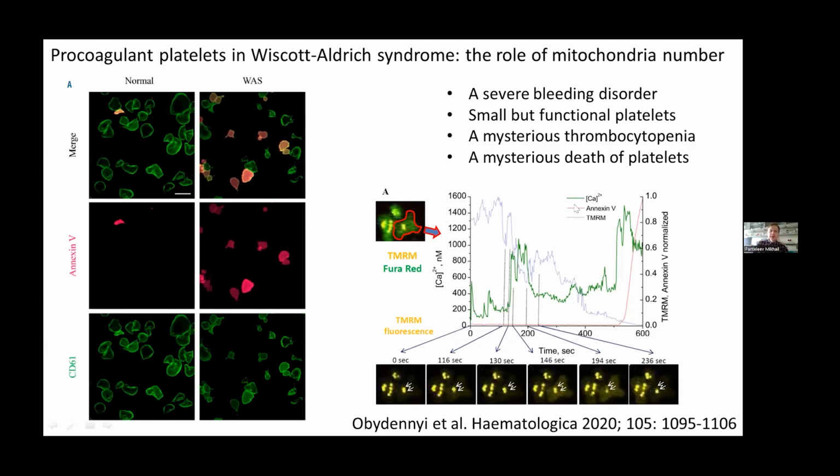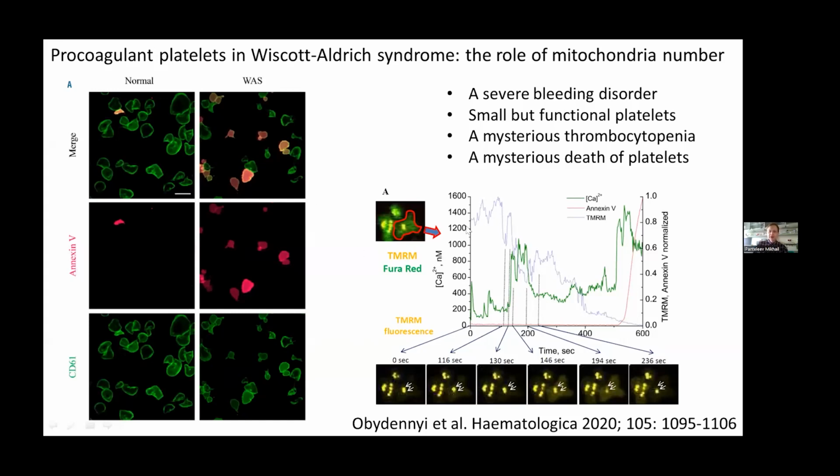If we analyze these platelets under a microscope and monitor them for some time under physiological conditions, we can see that platelets in Wiskott-Aldrich syndrome undergo some kind of programmed cell death.